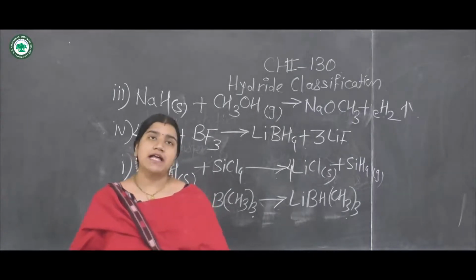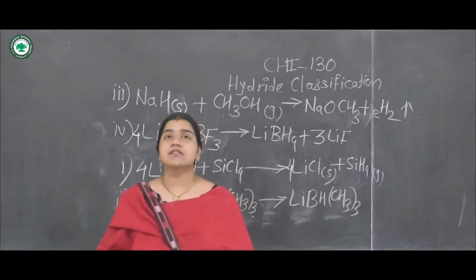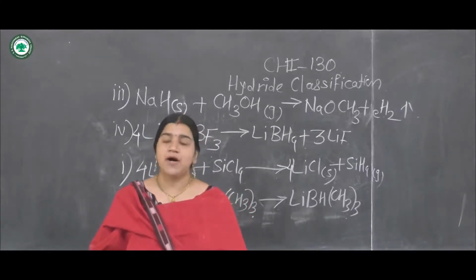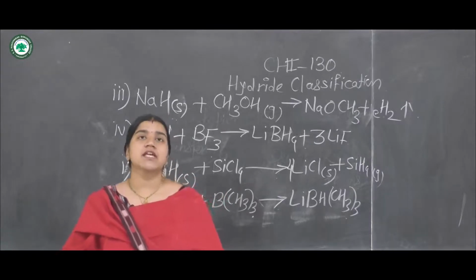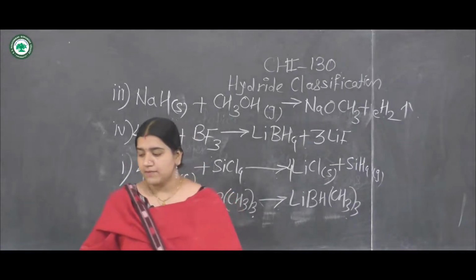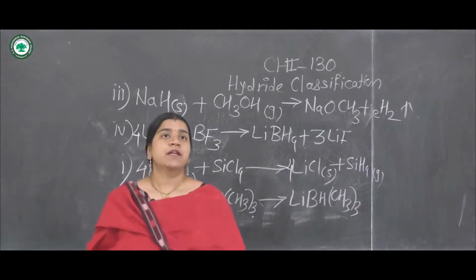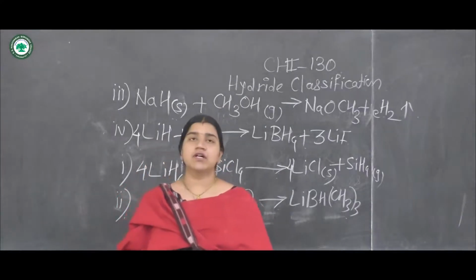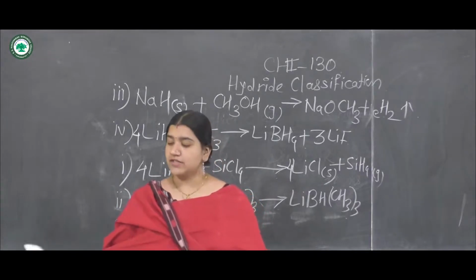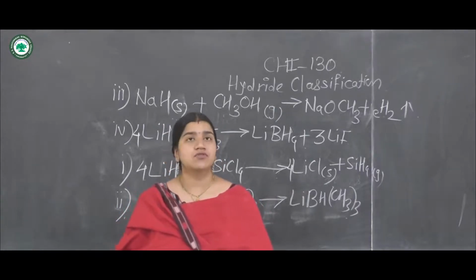As far as the first chapter, that is hydrogen and its compounds, is concerned, for the inorganic chemistry CHI 130 paper for the MSc part first, here we have to cover what is meant by hydrogen.